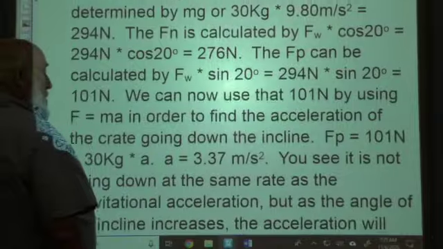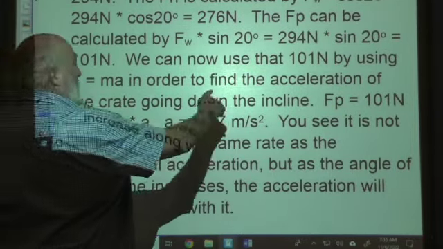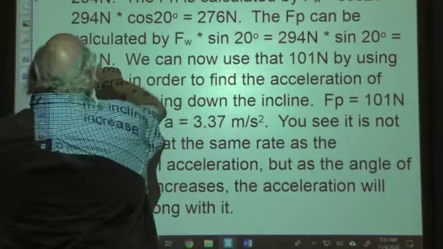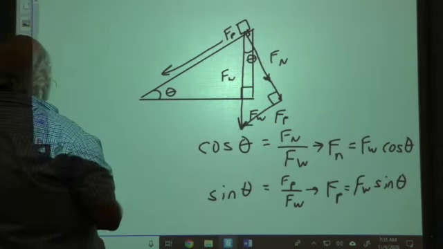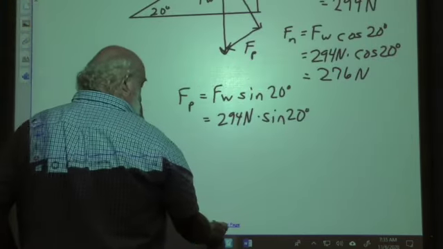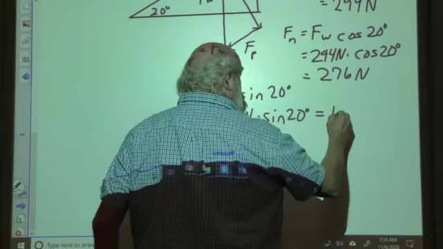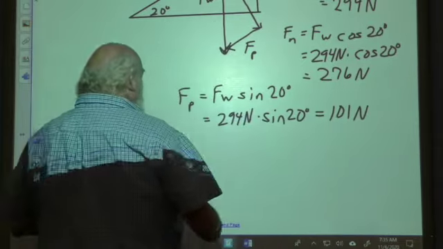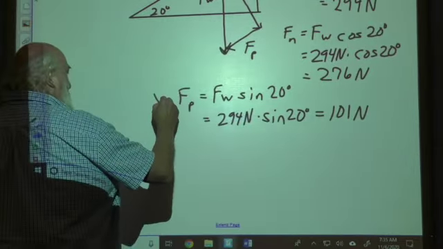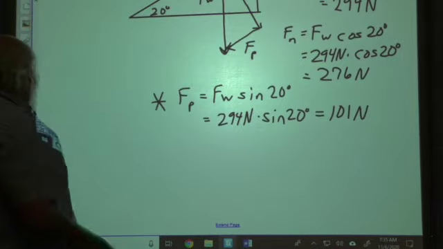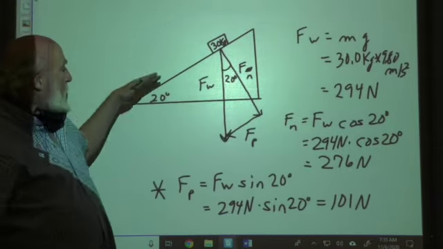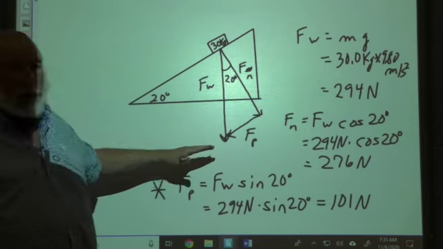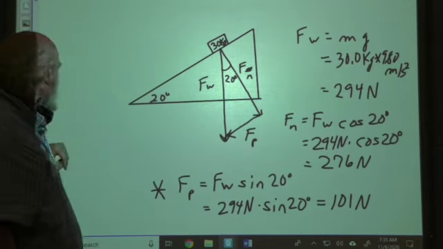So we go over here and we see that value is 101 newtons. And it's Fp here that is going to determine how fast it goes down that slope, because this slope is parallel to this force vector.